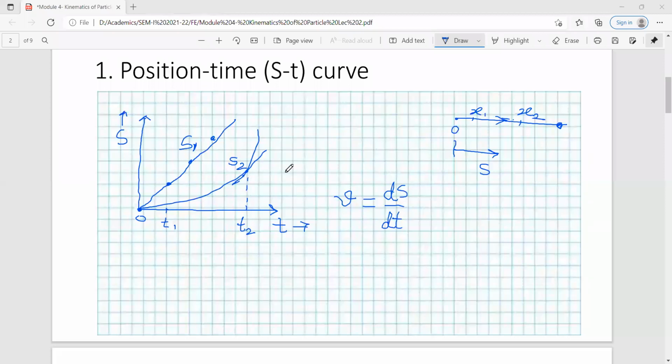You can simply measure the slope from the graph itself. Suppose you have a pen or a pencil and a scale, you can easily measure this particular height, this length. This particular height is nothing but your ds, the change in displacement over this much change in time, dt. Got it? What is the significance of the position time curve and what can you calculate from it?